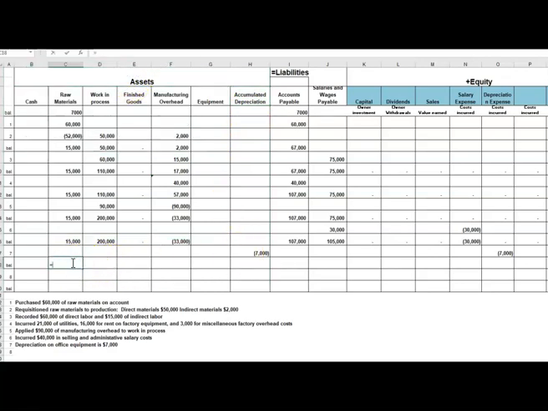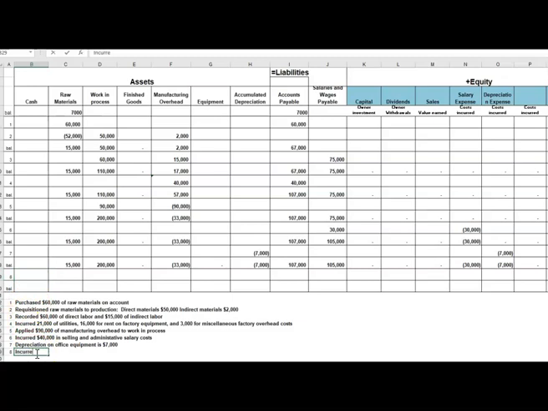All right, let's make sure that we're still in balance and keep going. I add up all my assets, and I get 175. I add up all my liabilities plus owner's equity or stockholders' equity, and I get 175. All right, number 8 says that we have some advertising and other selling expenses.